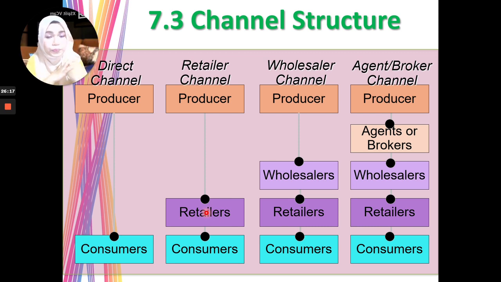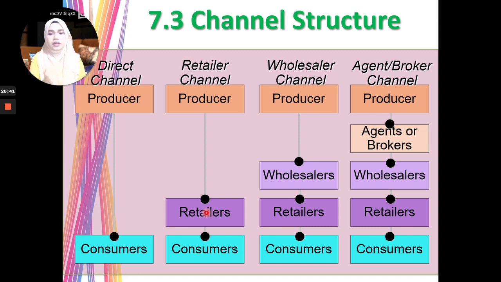Or Tesco, Tesco is a retailer. Carrefour, what else? The big retailers. Even E-Mart is a big retailer. Why? Normally they have large outlets and many branches. So you can tell that these retailers can afford to buy in large quantity because they have many branches to bring those products to.